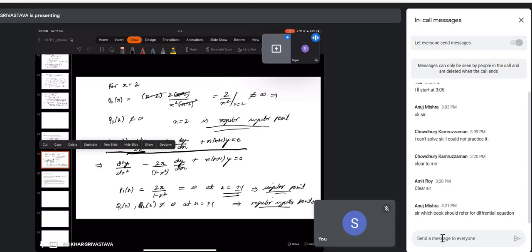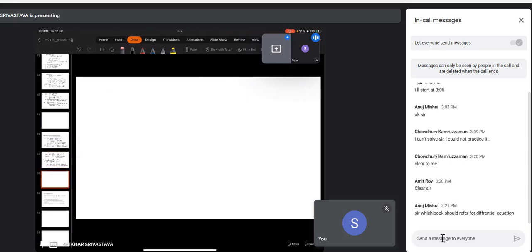What we use is the Frobenius method. This method is used to solve this kind of differential equation.